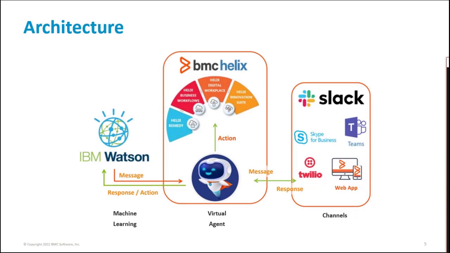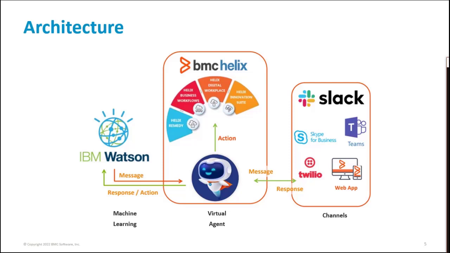This image depicts the top-level structure of virtual agent, including 3 tiers, from left to right: IBM Watson, BMC Helix, and channels through which it can be used. A user interacts with the virtual agent using the channels. The message is sent to the IBM Watson, which contains the conditions to evaluate the message received.